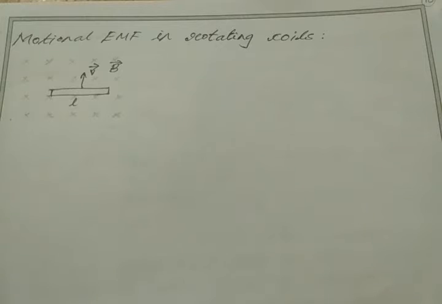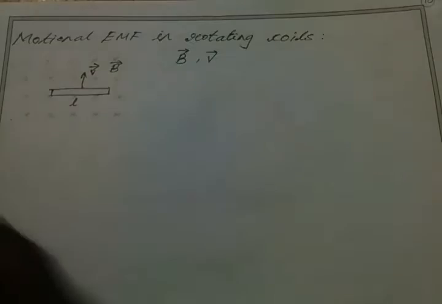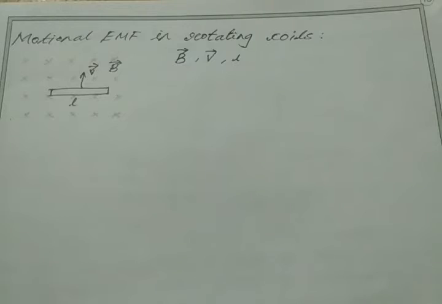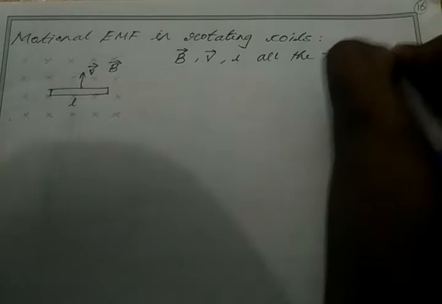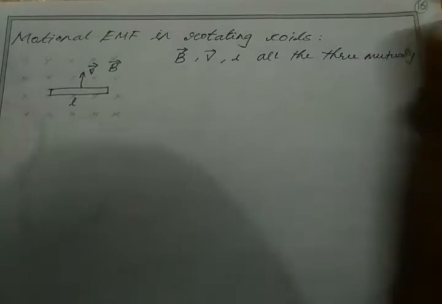So in this situation, our magnetic field, the velocity of the rod, which means the motion of the rod, and the length vector, all the three are mutually perpendicular with each other, right?